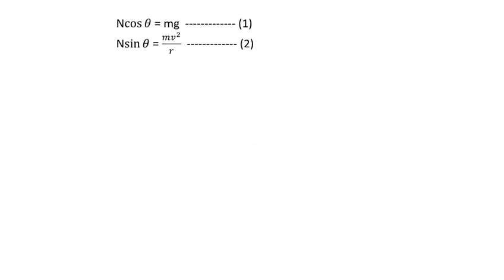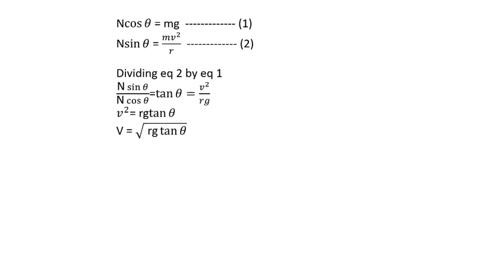Mathematical expression: n cos theta equals mg, and n sin theta provides the centripetal force, that is mv square upon r. If we divide equation 2 by equation 1, we get n sin theta upon n cos theta. N gets cancelled. Sin theta upon cos theta is tan theta, equal to v square upon rg. M also gets cancelled.